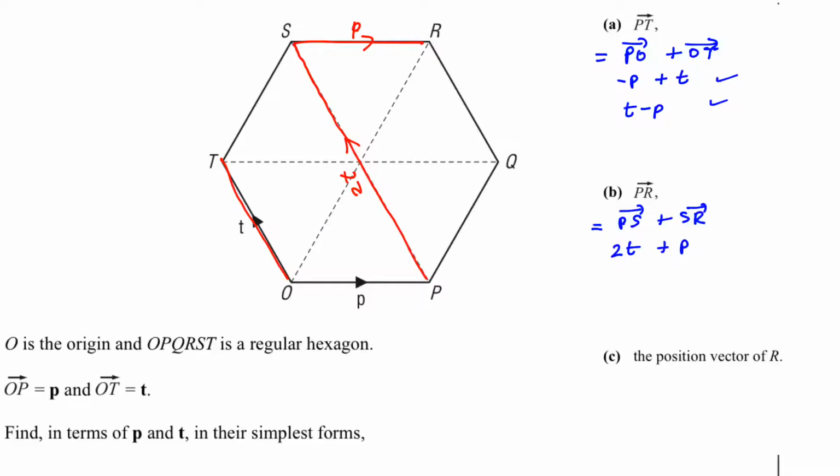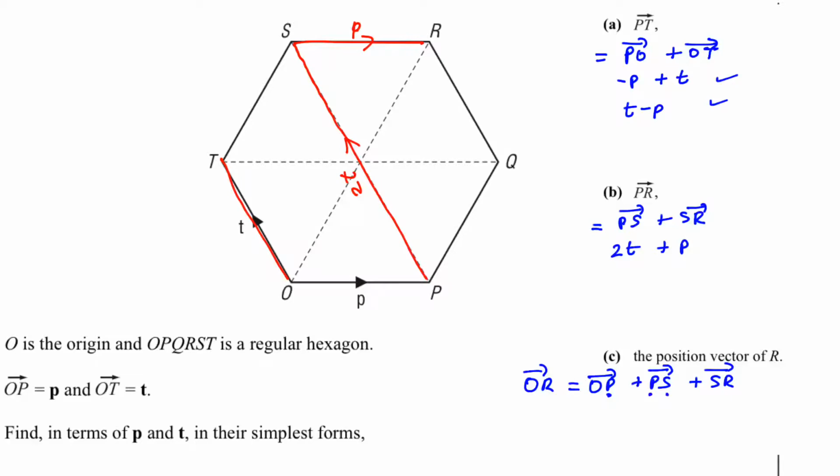The next part of the question wants the position vector of R. Position vector means you have to start from O and reach R. So which route can we take here? We can take OR is equal to OP plus PS plus SR. Do you notice that the ending of one vector is the beginning of the other vector?